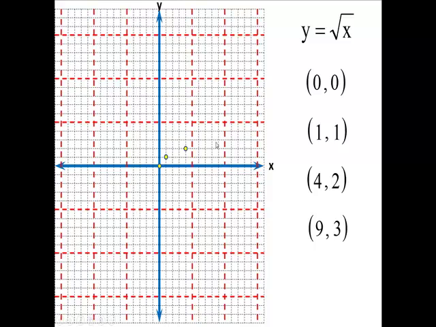Come over to 9, go up to 3. You can say 16, square root of 16 is 4. Go over to 16 and go up to 4. Anyway, our graph for y equals the non-negative square root of x looks like this. Y is going to be non-negative, so y is going to be positive or it's going to be 0. So it only goes up here.